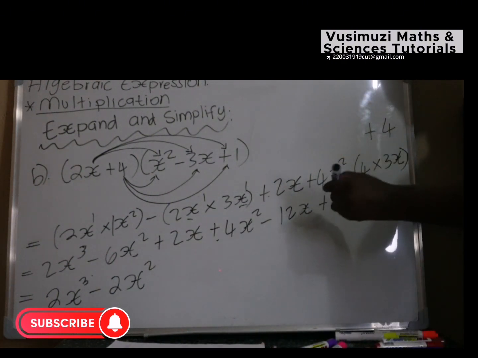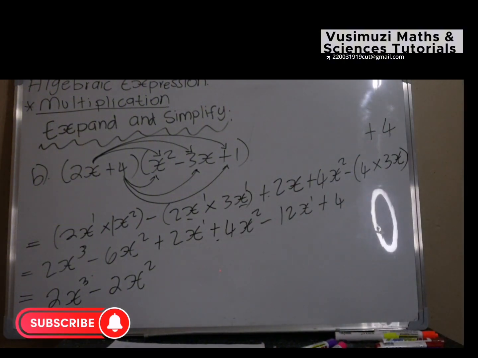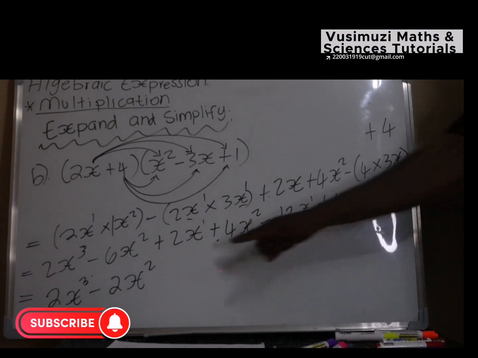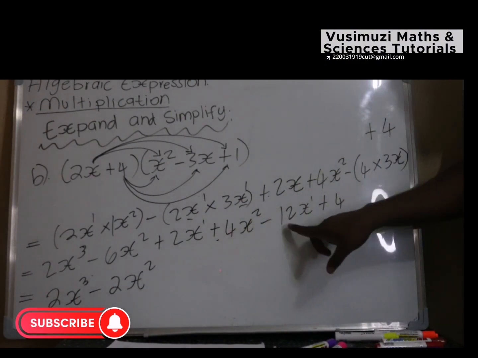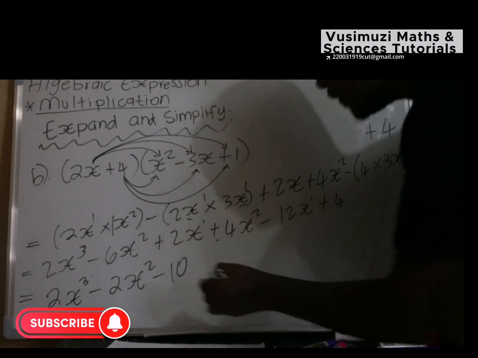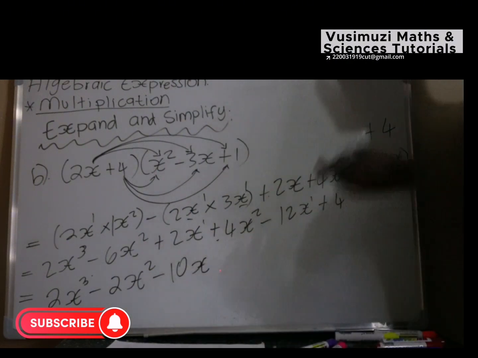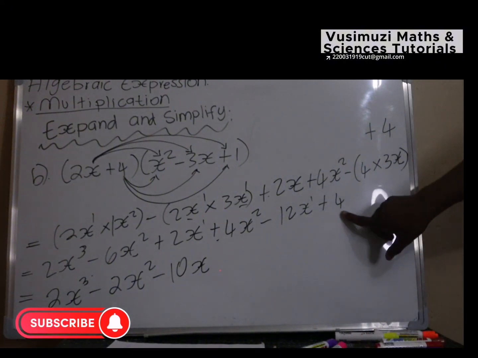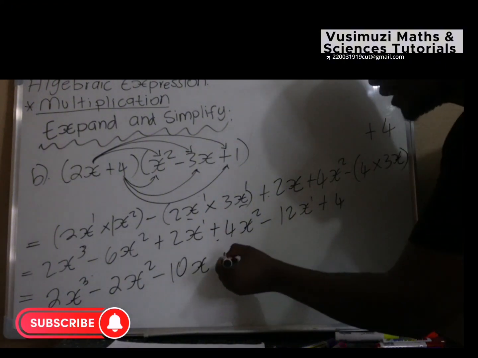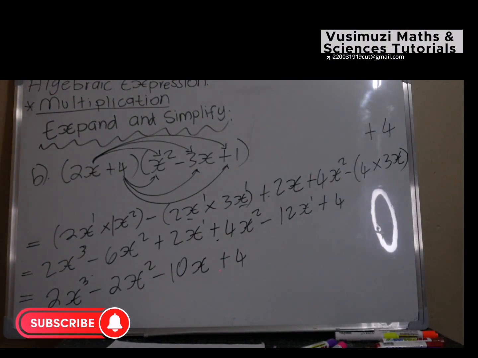You add the coefficients: positive 2 minus 12 is minus 10. You bring down the x. Then the last term is positive 4, which has no like terms, so you bring it down. Then you are done. That's how you do it. I hope I'm clear on that one.